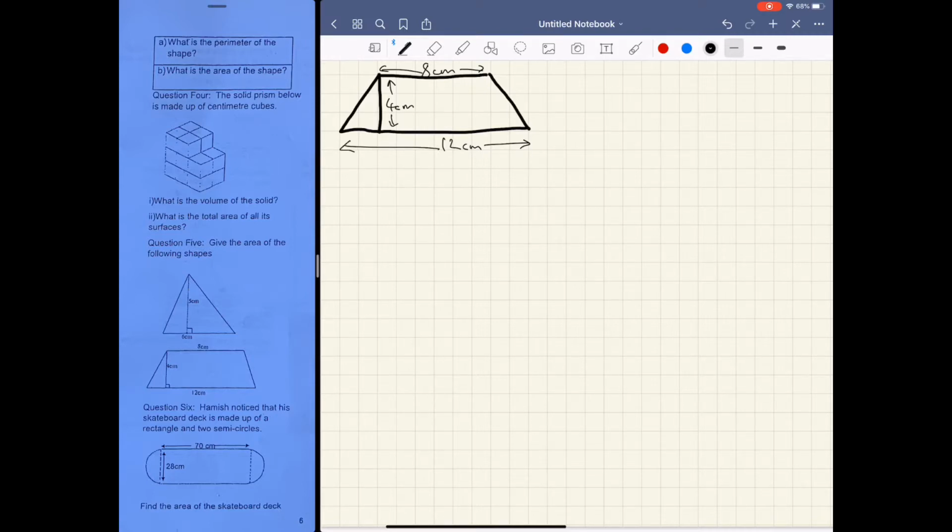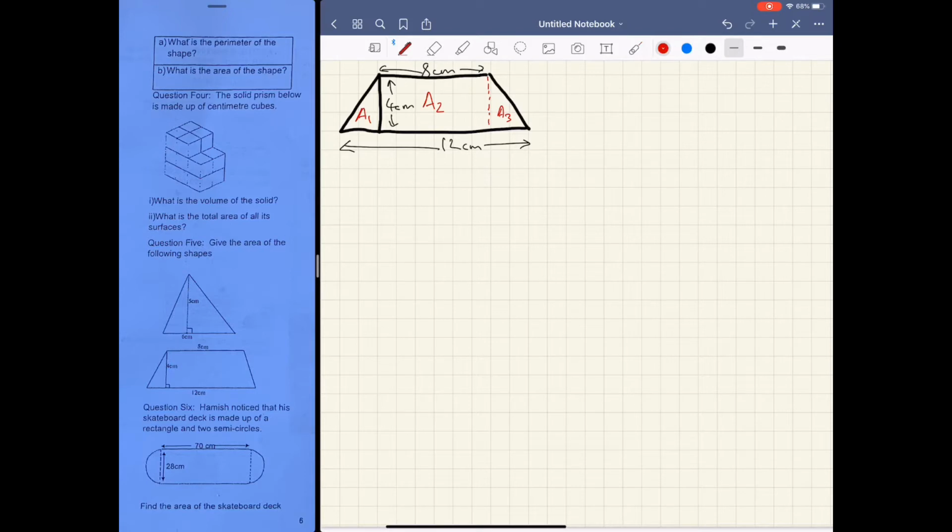That's the length. Okay, so we can split this area up into 3 areas, right? So this is area 1, area 2, and the third area is here, area 3. Now, if this is 8 centimeters and this is 12 centimeters, notice that it's from here all the way to here, which is 12 centimeters. We can figure out the length of just this little part here, or this little part here.